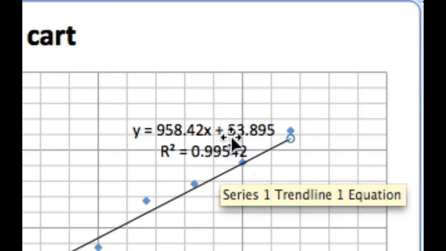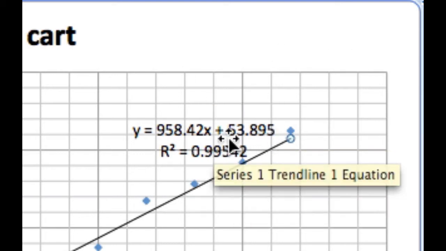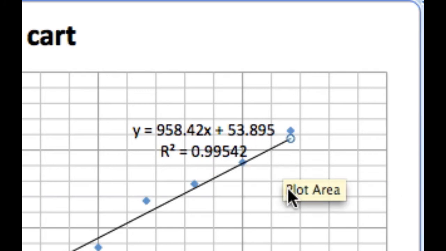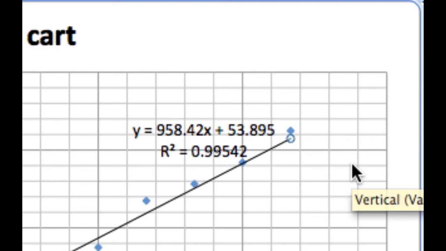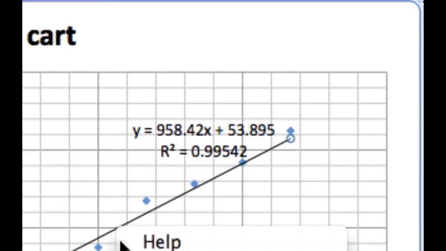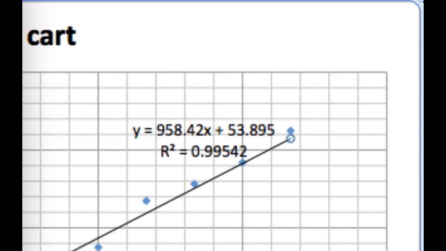In this one it would tell me what the initial velocity was. I'm recording this data after the cart's been moving for a while, and when I started recording my data, it was going about 53 meters per second. It can be useful, it's not absolutely essential. Let me switch this over to the power formula.